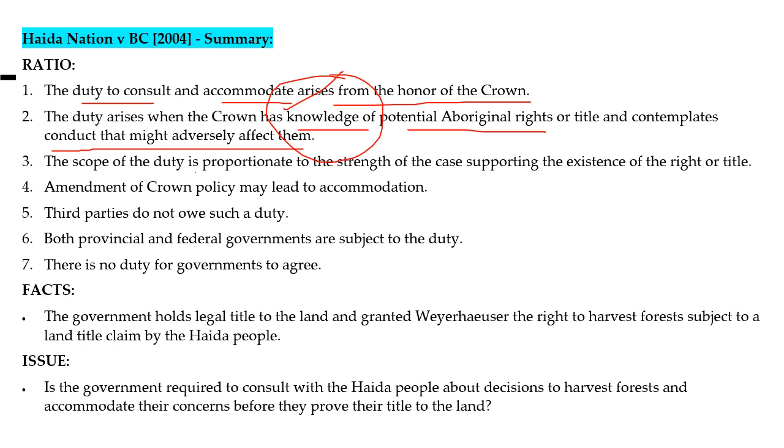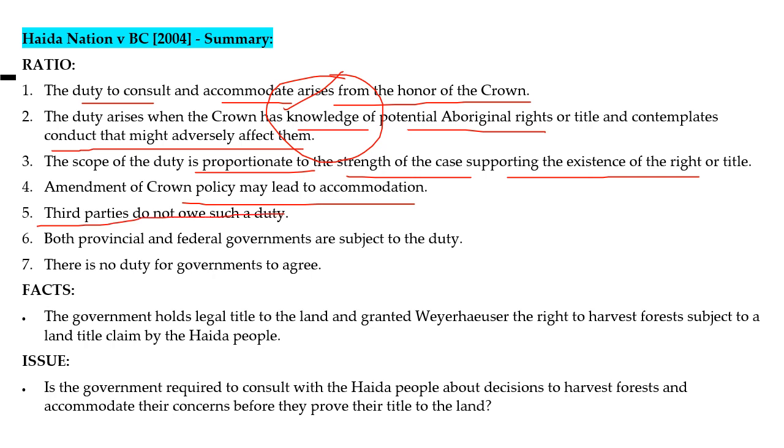The scope of the duty is proportionate to the strength of the case supporting the existence of the right or title. Amendment of Crown policy may lead to accommodation. So you have to accommodate all those people from the Aboriginal community who are important to include in such discussion and consultation.